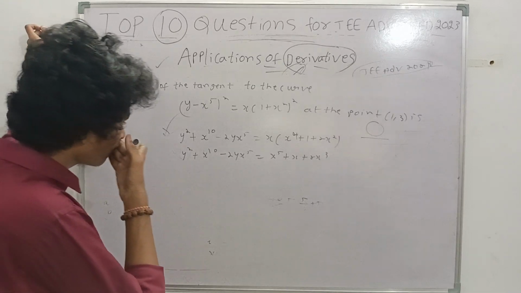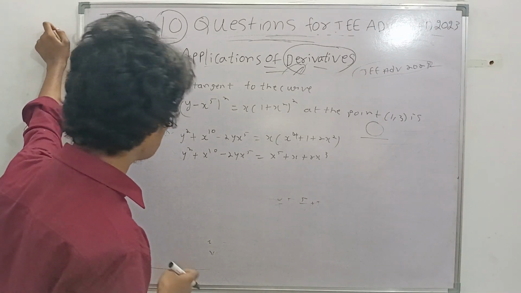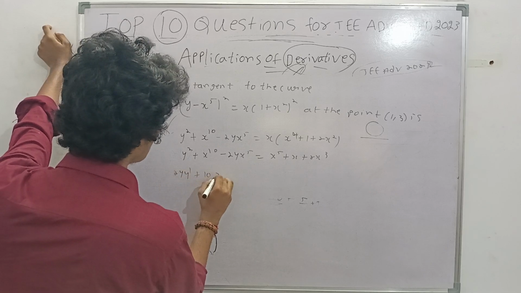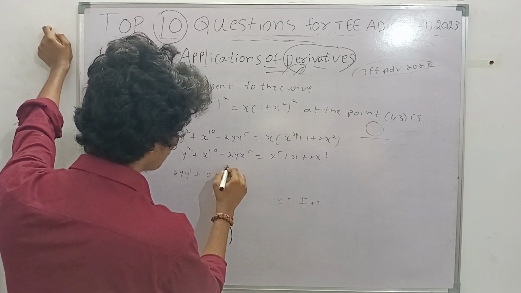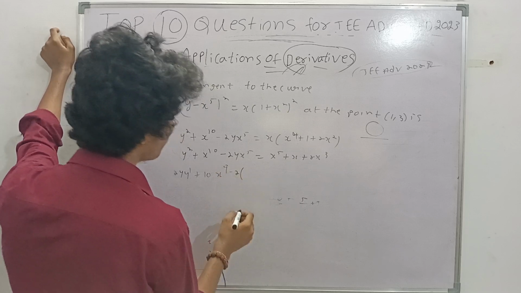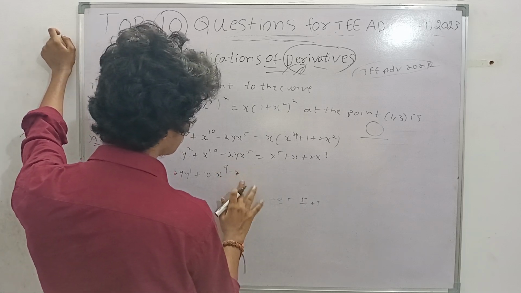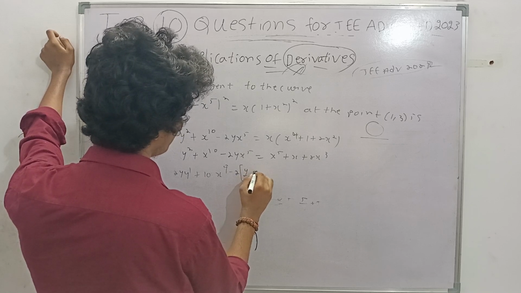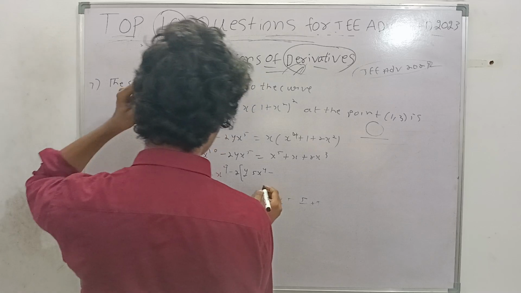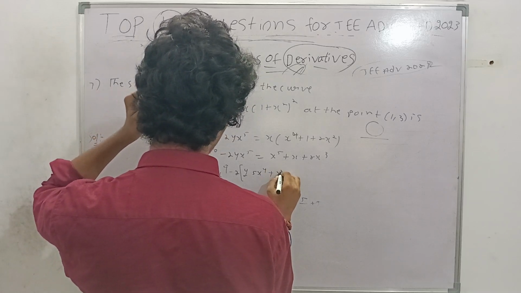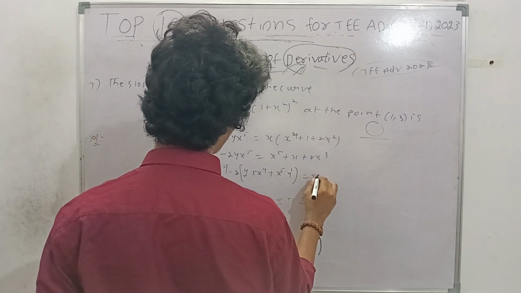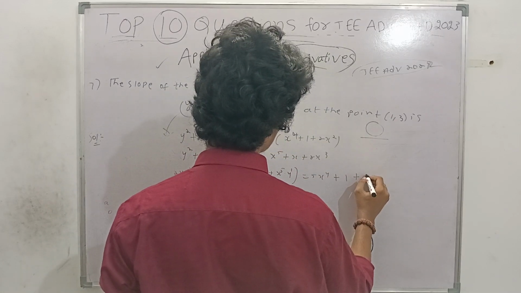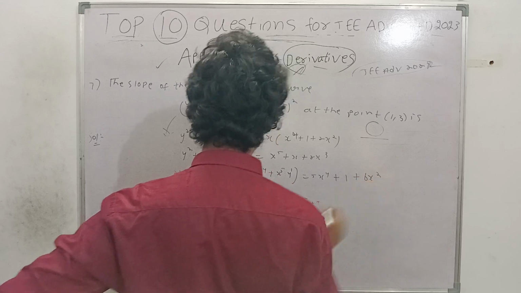Now what can we do? We can directly differentiate this. You will get 2y y dash plus 10 into x power 9 minus 2 into y into 5x power 4 plus x power 5 into y dash, equal to 5x power 4 plus 1 plus 6x square.